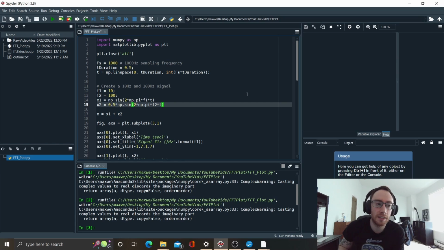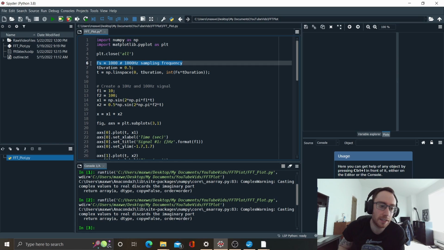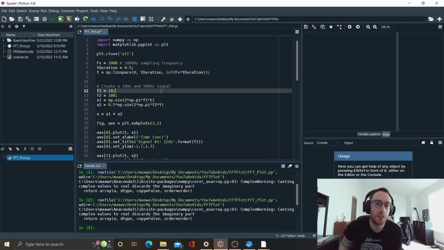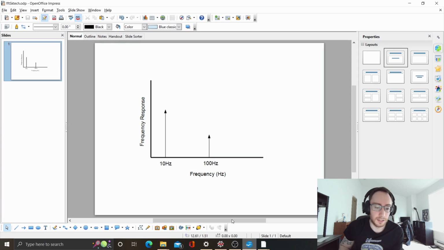That also means, since our sampling frequency is 1000 hertz, the highest frequency we could possibly detect is a 500 hertz component in our signal. So our final Fourier transform should have a horizontal axis like this one that goes from 0 to 500 hertz, because our sampling frequency is 1000 hertz, and because of the Nyquist criteria, we shouldn't be able to detect anything higher than 500 hertz.